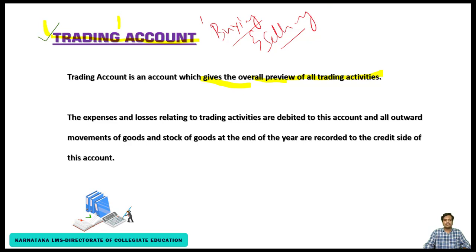Those transactions' results will be shown, disclosed and ascertained with the help of the trading account. In simple terminology, we can define the trading account as an account which shows the trading results, or an account which shows gross profit or gross loss during a particular accounting year.